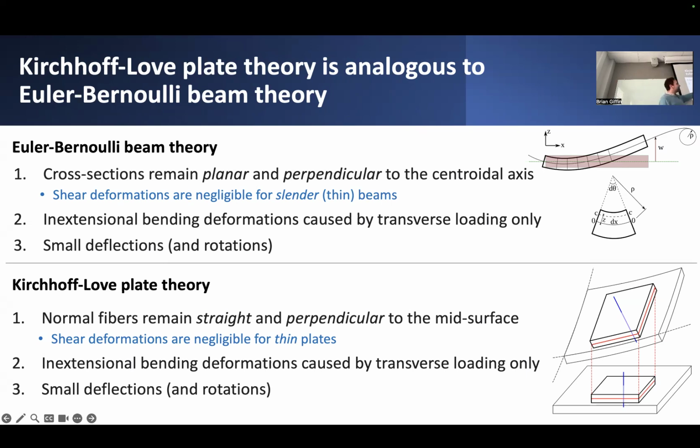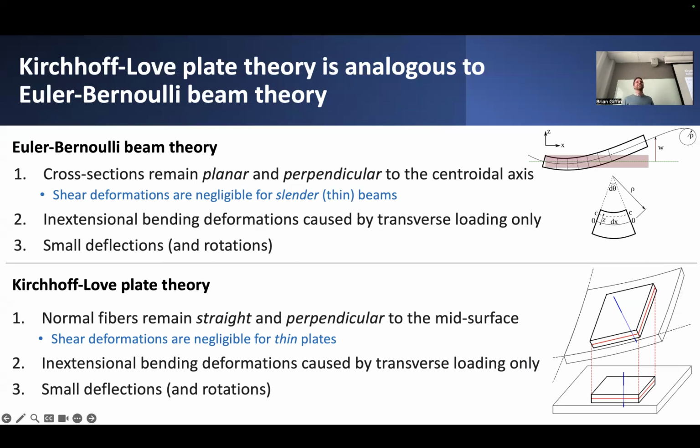That's the consequence of assuming that shear deformations are negligible. And that assumption remains valid if you have relatively thin or slender beams. So anytime you have an aspect ratio that's maybe greater than 10 to 1 or maybe 20 to 1, you can reasonably get away with this idealization of the beam through the kinematics of Euler-Bernoulli beam theory.